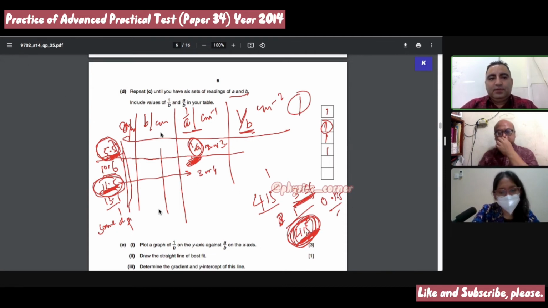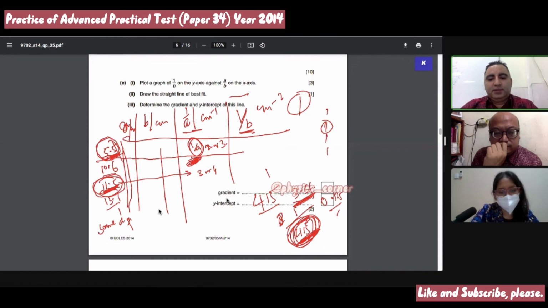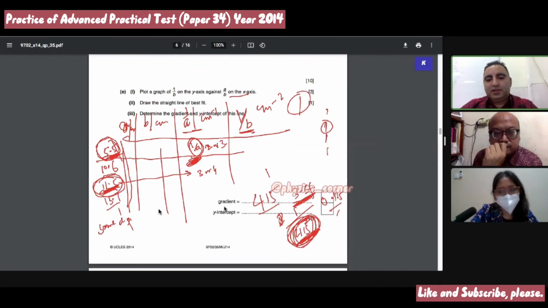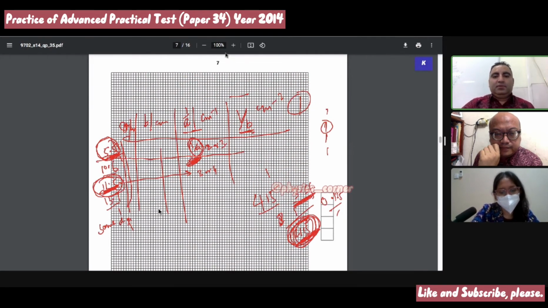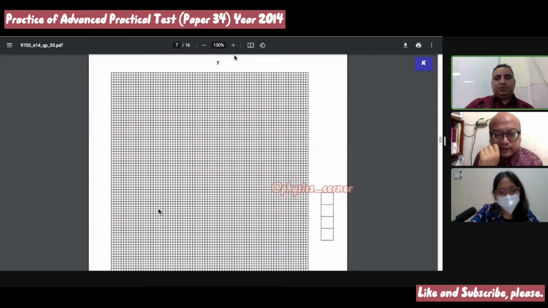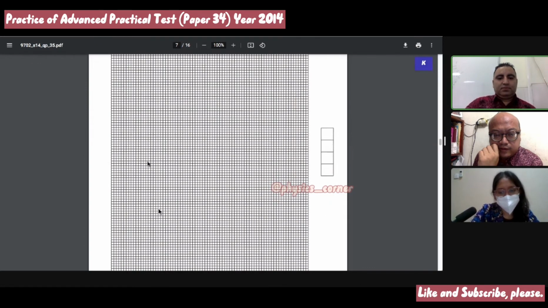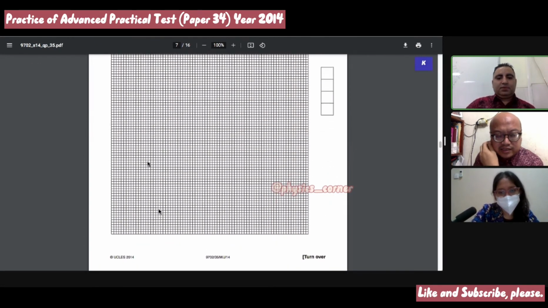Yeah, and then the next one is the gradient and y-intercept. For gradient, if this is your line, for example, on the x and y axes there must be a heading, like 1 over a in 1 over centimeter.